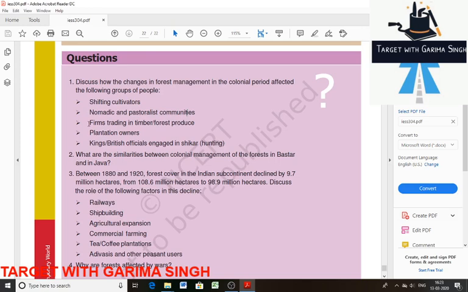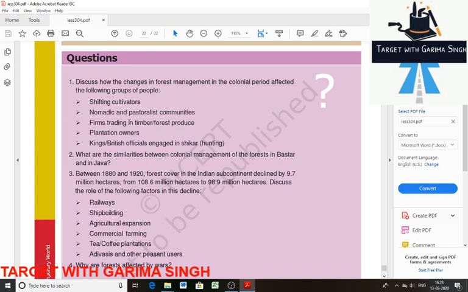Then third is firms trading in timber and forest produce. Large expanses of forest were cut for timber and forest produce. The colonial government was worried about this reckless felling of trees. It passed the Indian Forest Act in 1865. This act was amended in 1878.